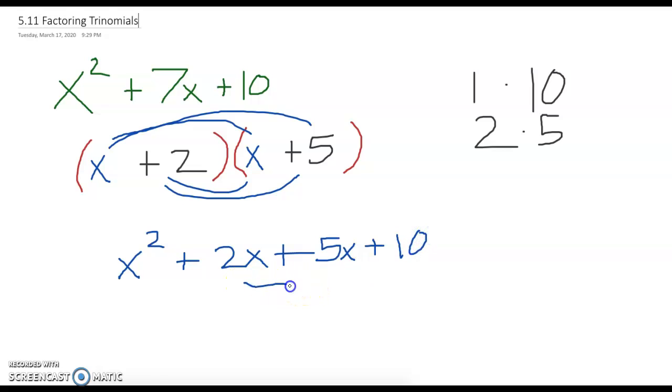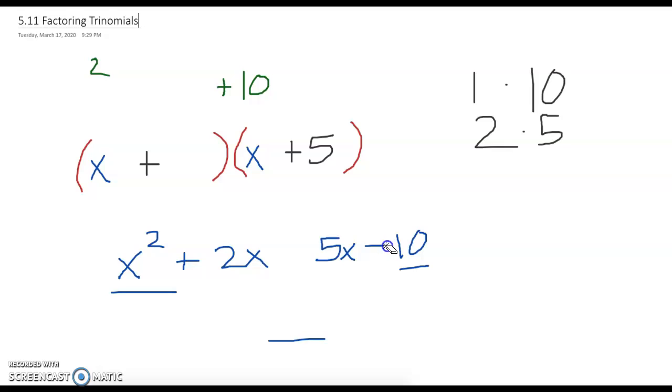After we combine like terms, we would have 7x. So x squared, 7x, and 10. That's how we know we did it correctly. Let's move on to another one.